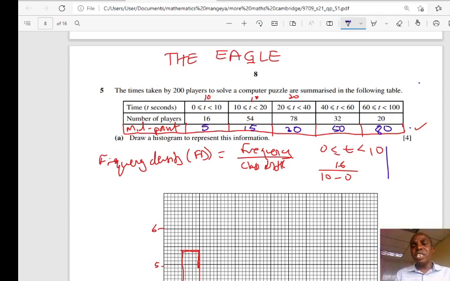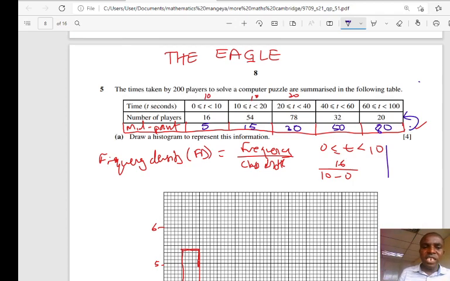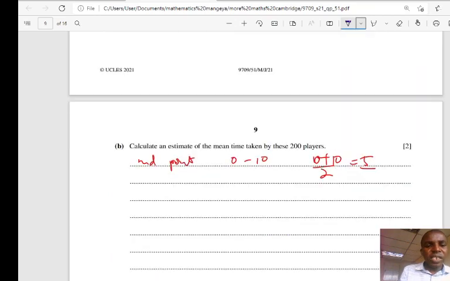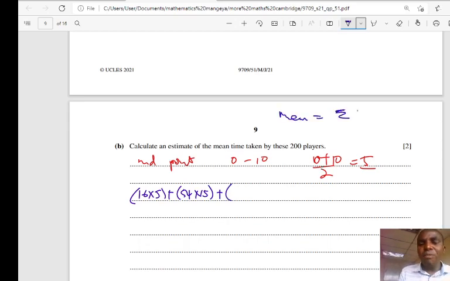Then you multiply midpoint times the frequency. So the first part is 16 times 5, then 54 times 15. We are using the formula: mean is equal to the summation of frequency times the value of x, over total frequency.